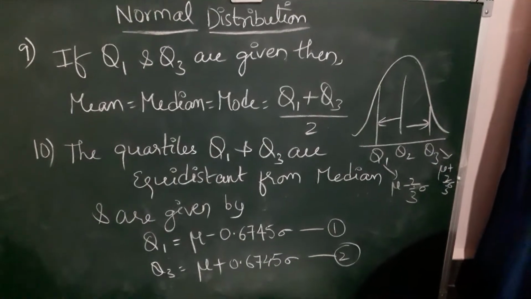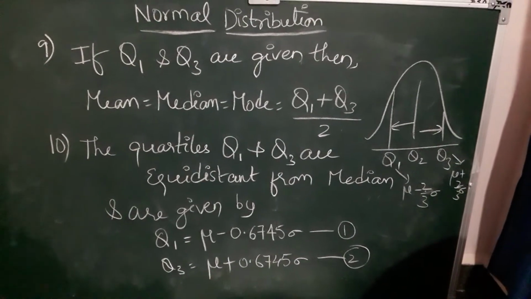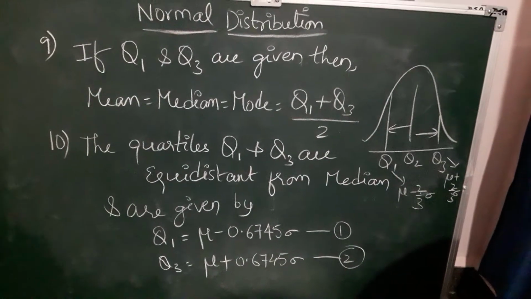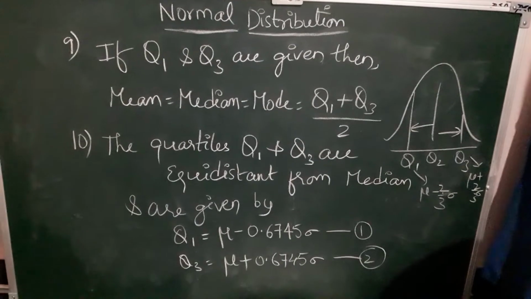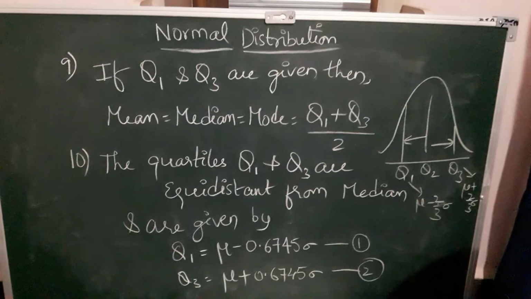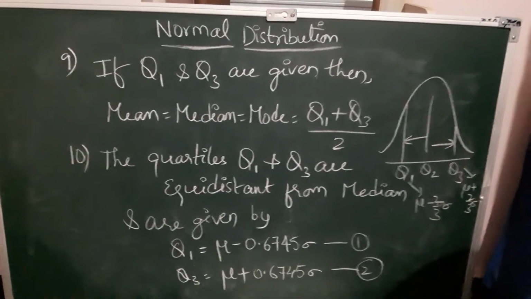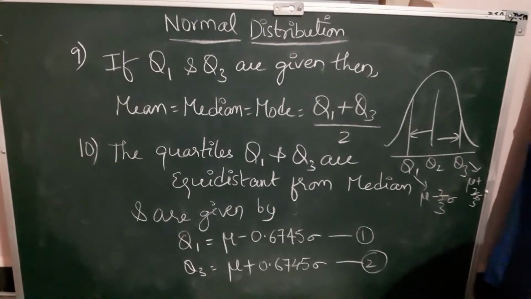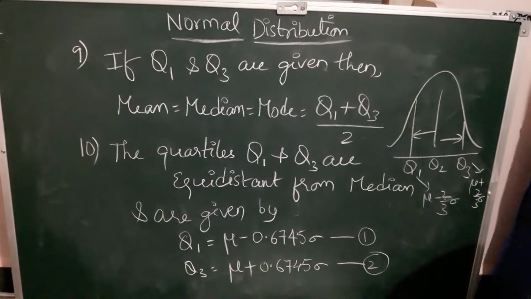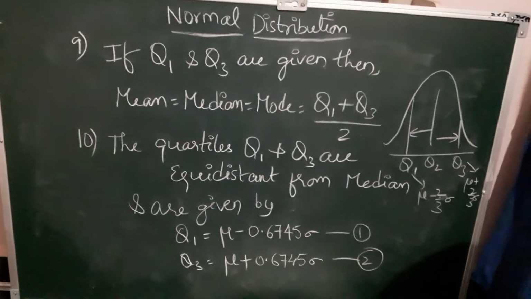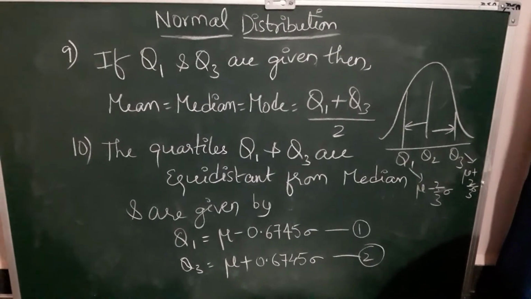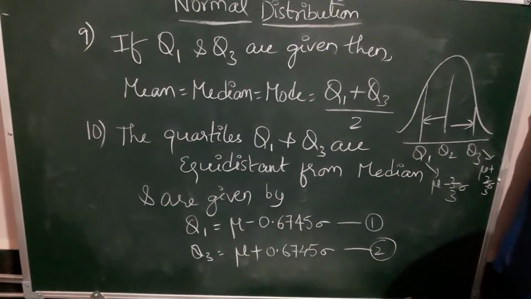Both values are the same, only the plus or minus differs, because the left side runs from 0 to minus infinity: minus 1, minus 2, minus 3, minus 4 and up to minus infinity. The right side from the origin in a normal curve is 1, 2, 3, 4 up to positive infinity. Towards your right are all the values from 0 to infinity, and towards your left from 0 to minus infinity. Remember. So here Q1 and Q3 are equidistant from the median Q2.